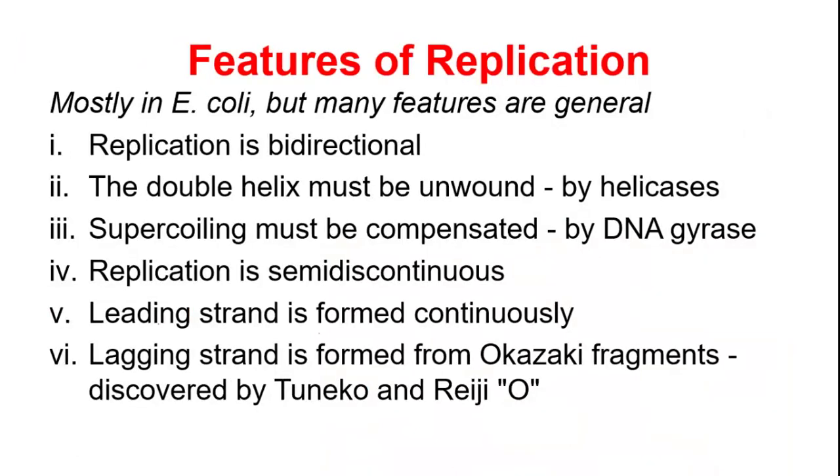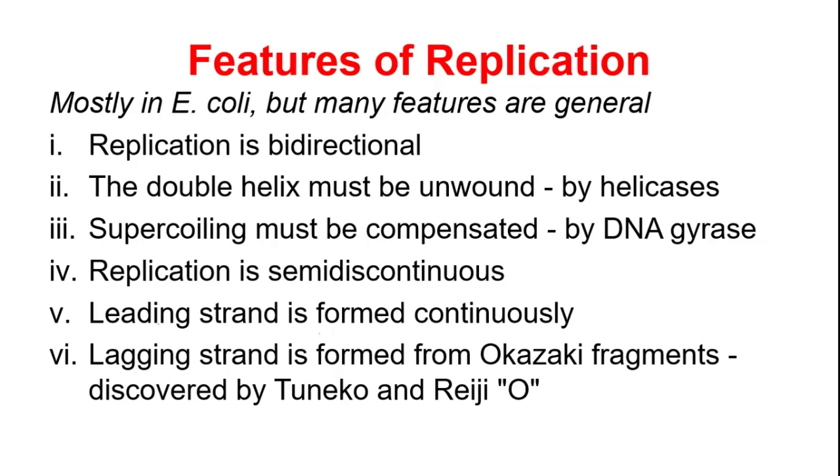Now, the features of this particular process known as DNA replication: one, it is bidirectional. So when an origin of replication is identified, the process actually goes to the right and to the left. Then two, the double helix must be unwound by helicases.